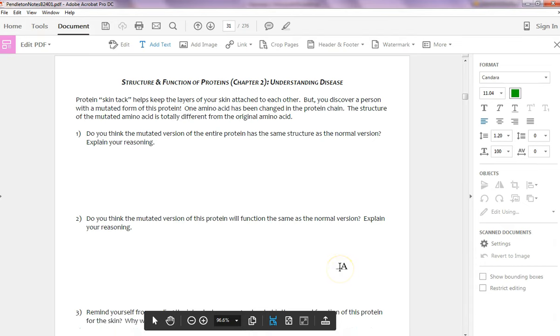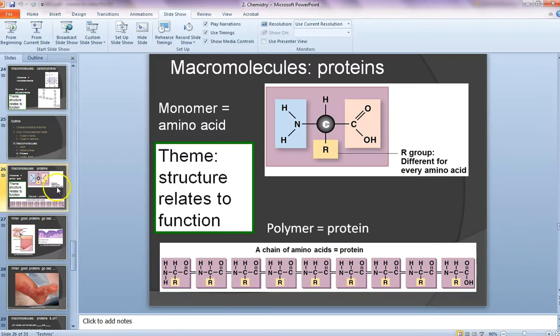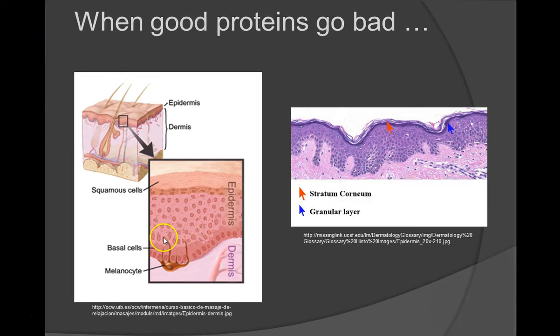And also in your notes packet is something to help you think about actually understanding disease and how structure relates to function. So this is a problem that I give my students in class, and it turns out each one of these little circles, we're looking at our skin, so this is a slice of skin. You notice here's the hair, and then if you scrape your skin you probably bleed. Well, this is going deep into the skin. Here are the blood vessels in red and blue.